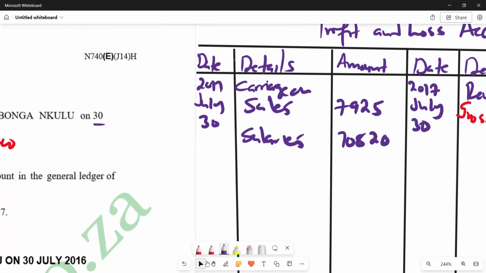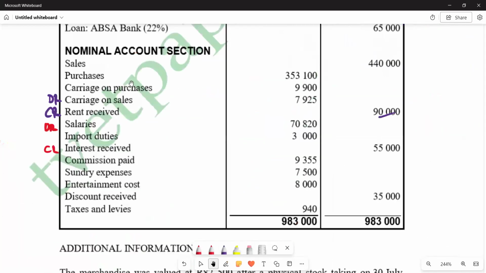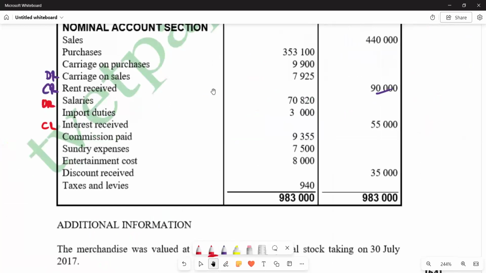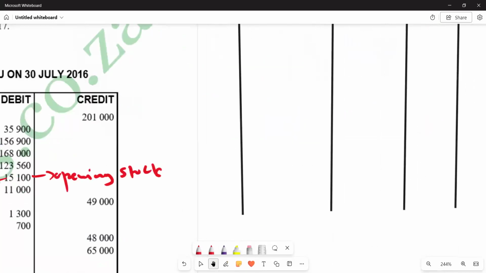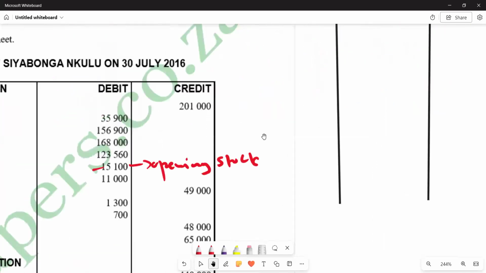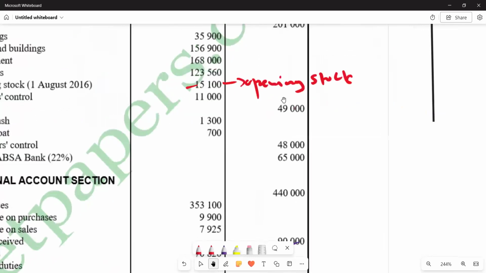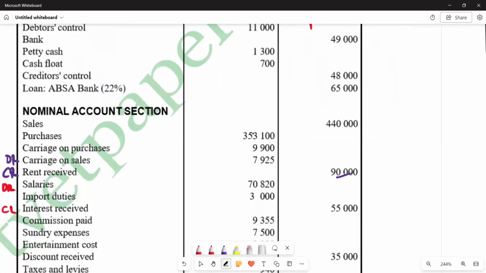We go again to check in terms of other entries after salaries, and then we've got interest received. We have got 55,000 for interest received.